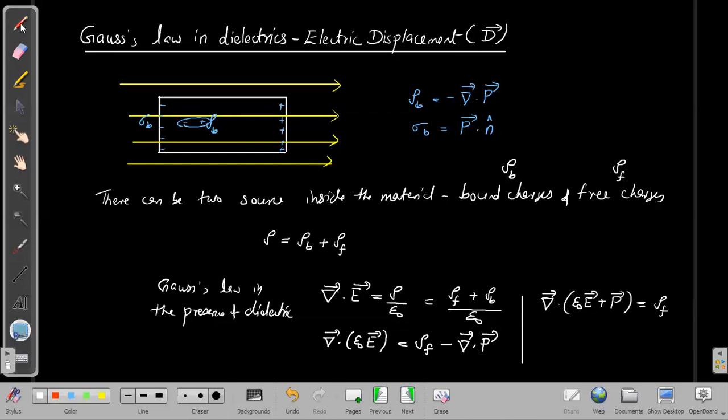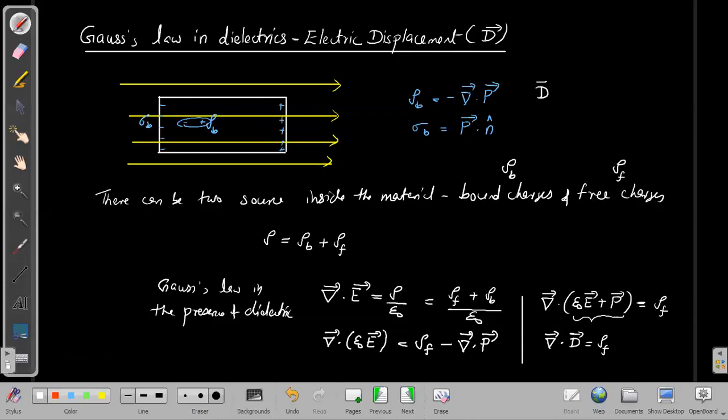Now this equation can be modified in another way. I can denote this epsilon 0 E plus P as a new vector, which I will call vector D. So finally I can write this equation as del dot D equals rho f. This vector D is called the electric displacement vector, and we can put this inside a box.